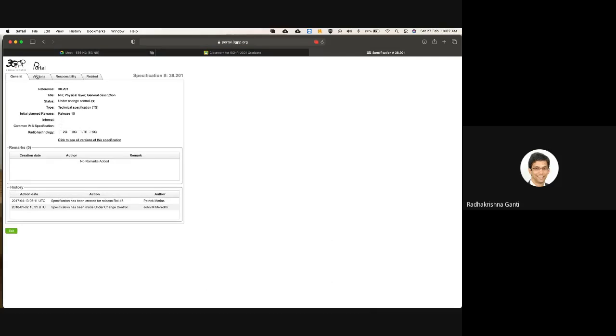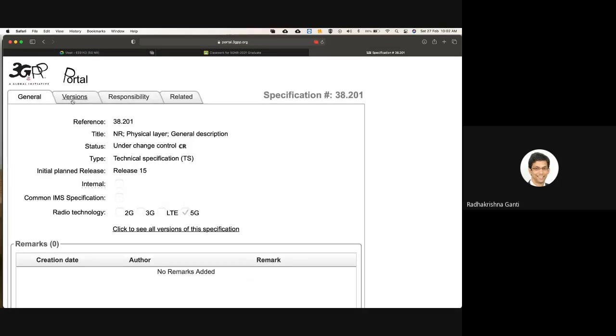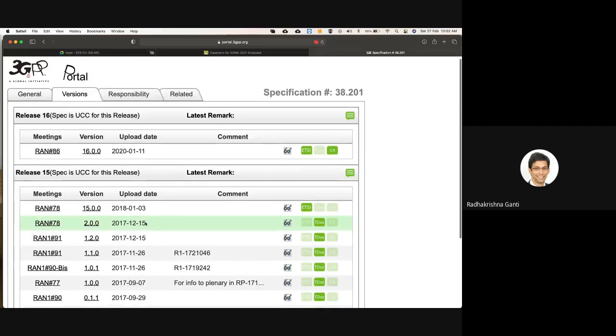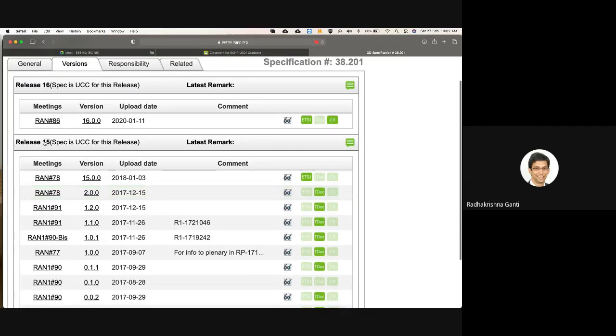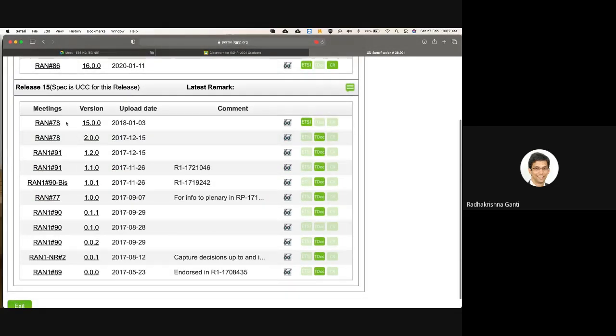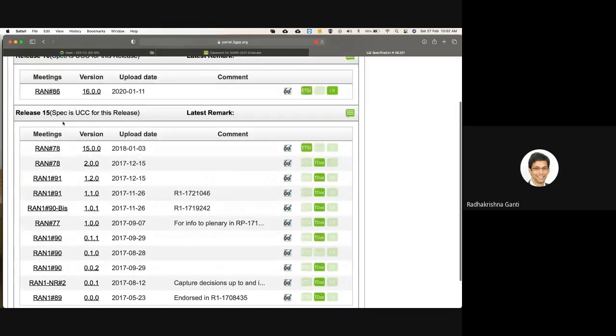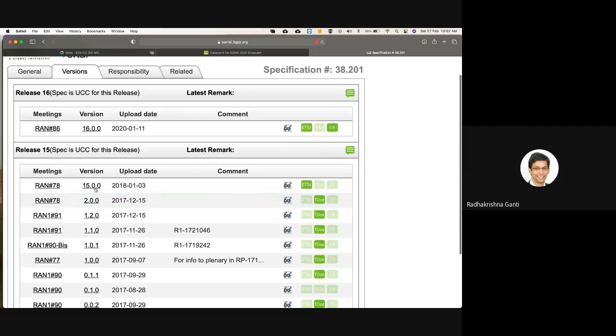You can click on the versions. In the versions, you will see different releases, release 16, release 15. In each release there will also be multiple updates. For this particular 38.201, there's only one document, version 15.0.0. You click on the version, and you'll be able to download that file.